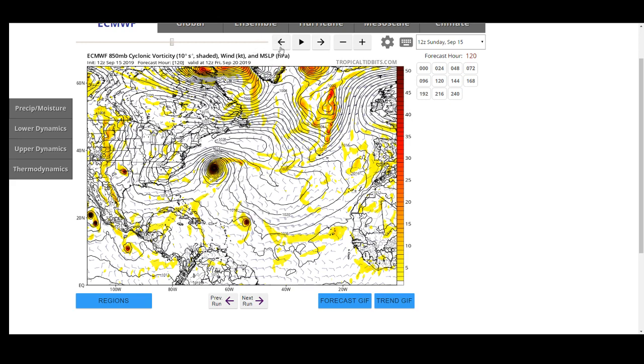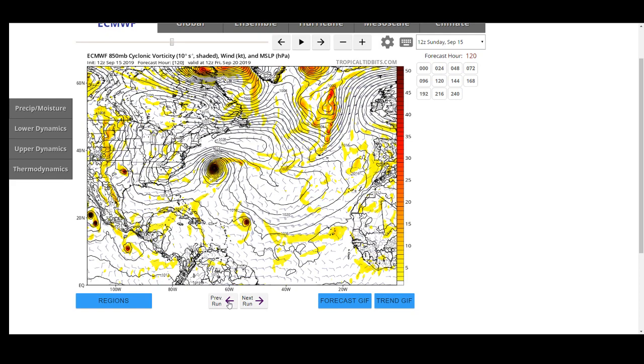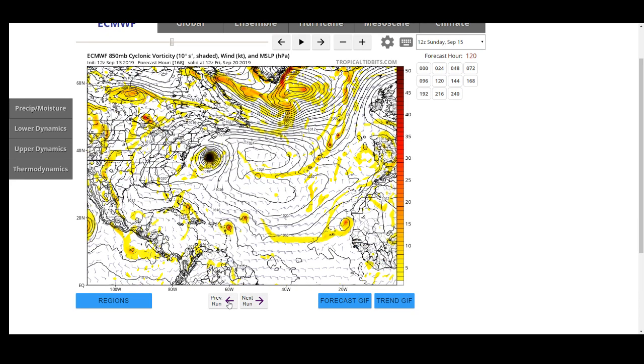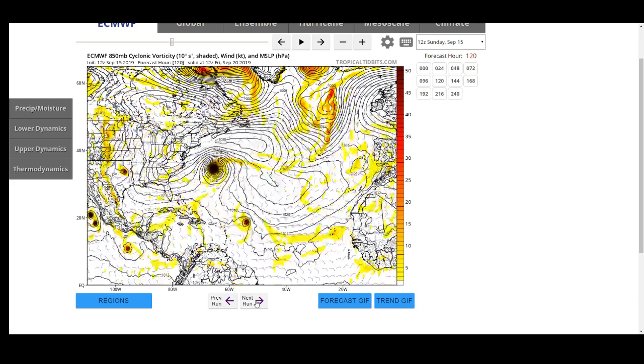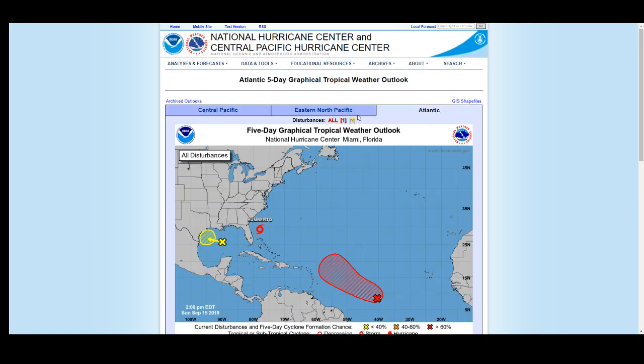It's been flipping back and forth between, as you can see, not as strong here, more strong here, and even has two systems here. This is because this is still 5 days out, and a lot can change.